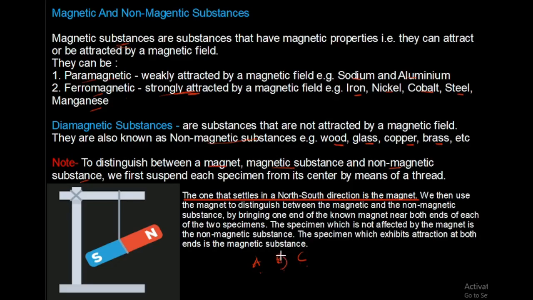So if after tying them at their center and suspending them, B oscillates and then tilts in a north-south position as seen here, then B is a magnet. Now to distinguish between the magnetic substance and non-magnetic substance, we bring B close to A. If A is attracted by B or affected by B, then A is a magnetic substance. But if A is not affected by B, then it is a non-magnetic substance. Same applies with C.